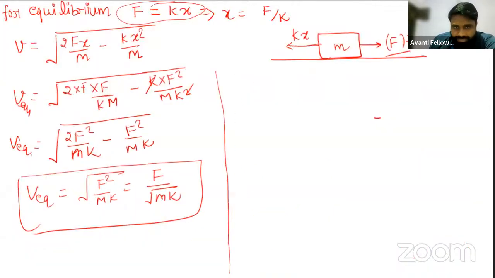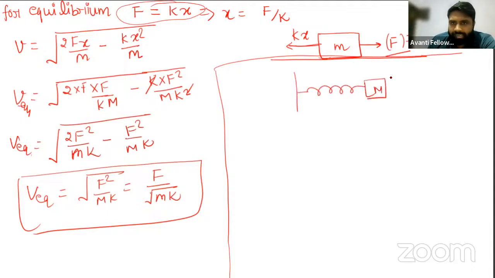So for maximum extension, what do we have to do? When will it extend maximally? If this is the spring, this is mass m, and this force F is acting.